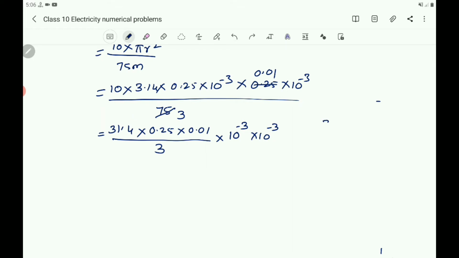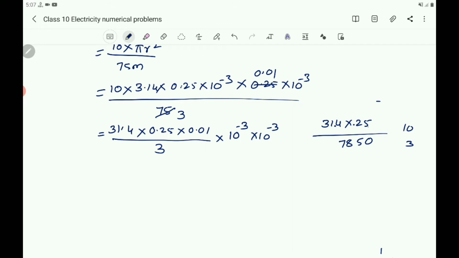So you take 314 into 25. That is 25 4s are 100, 10 carrying. 25 1s are 25 plus 10, 35, 3 carrying. Then 25 3s are 75 plus 3, 78. And this is 31.4, this is 0.25.